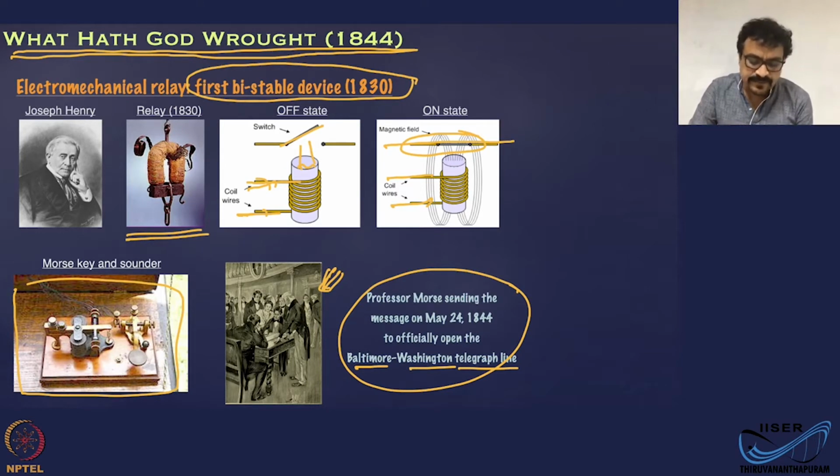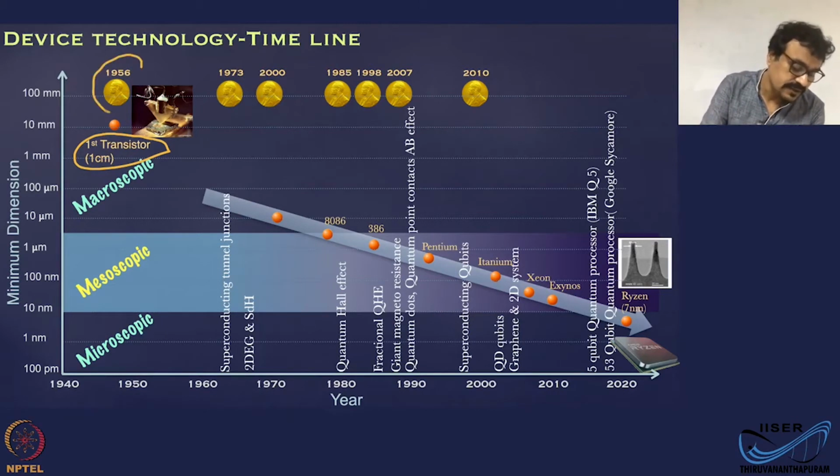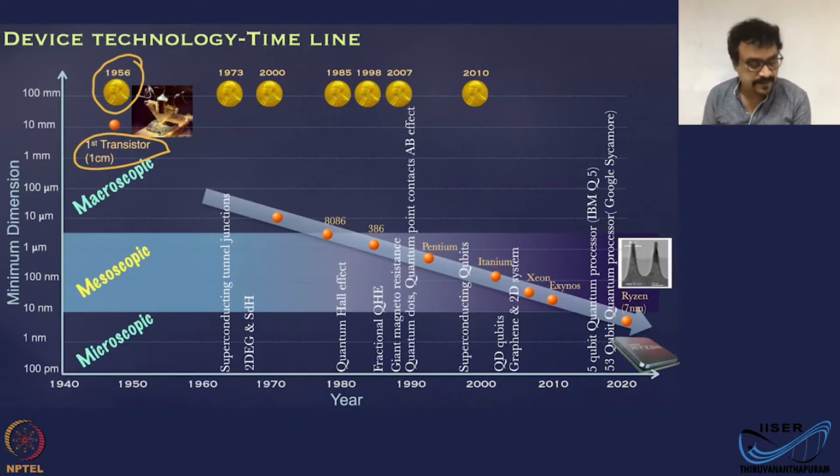And more than 100 years later, you have another switching device, another bistable device, which is a transistor, revolutionizing the whole technology, which is responsible for the technology that we currently have. The transistor was invented in the late 1940s, and the Nobel Prize was awarded for that invention in 1956.